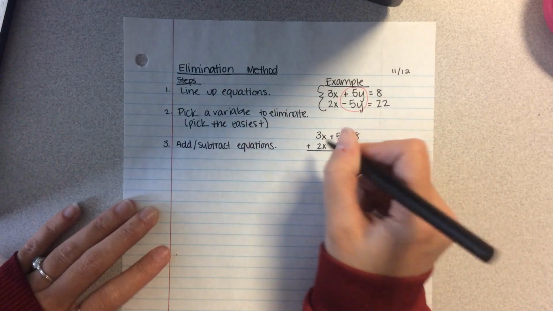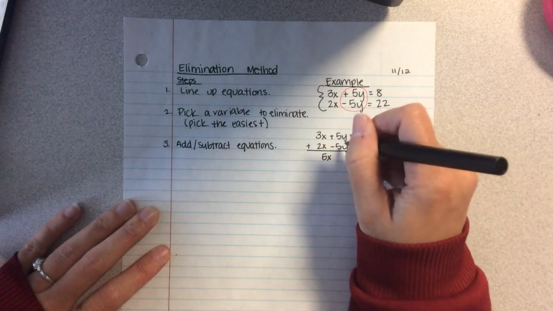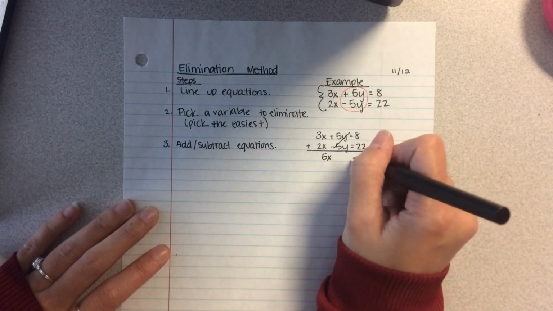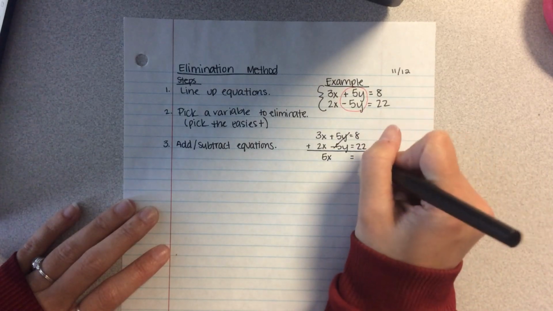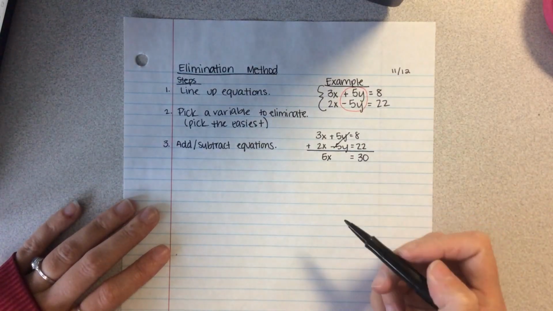So 3x plus 2x is 5x, and 5y minus 5y cancels out, which is what elimination is all about. We copy down our equal sign, and 8 plus 22 is 30. So we have 5x equals 30.